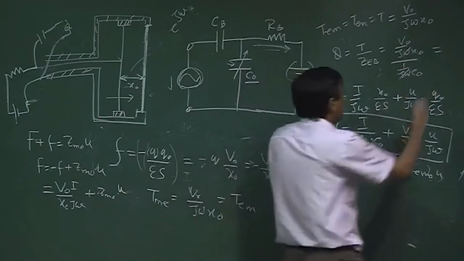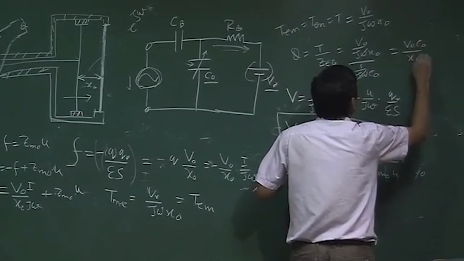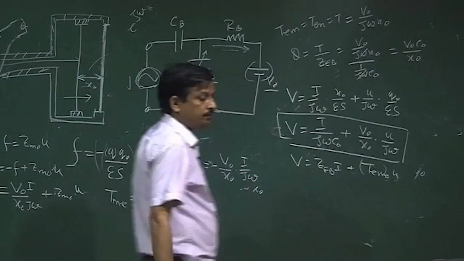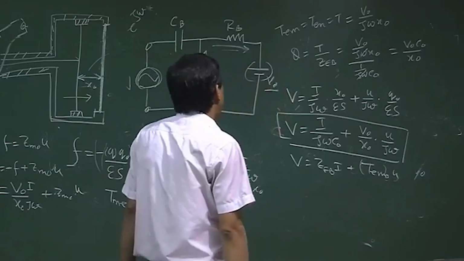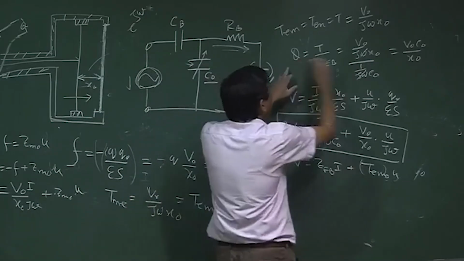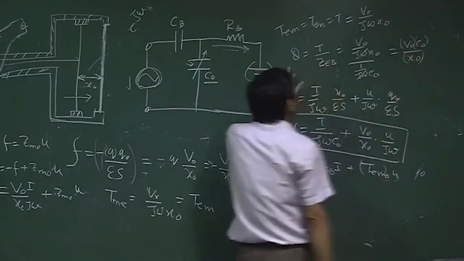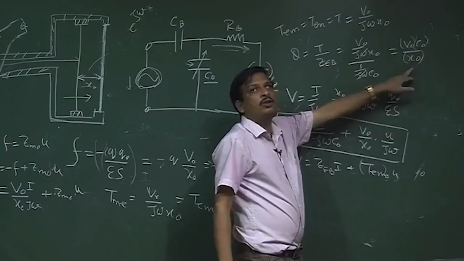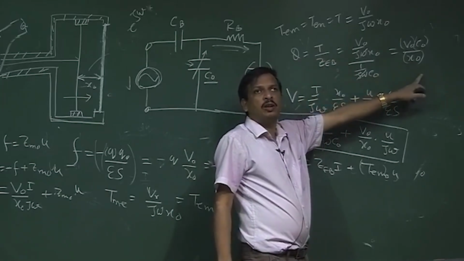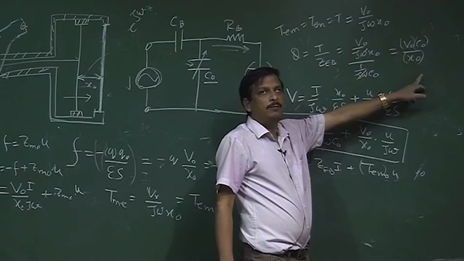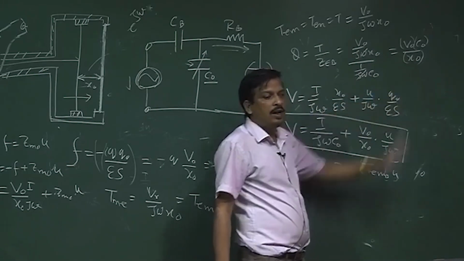So, it is nothing but V0 C0 divided by x0. Now, see, phi: V0 is real, C0 is real, x0 is real, and it is a constant. So, phi is a real constant. In case of a reciprocal transducer, we have proved that phi is nothing but a real constant. Okay. So, phi is there.